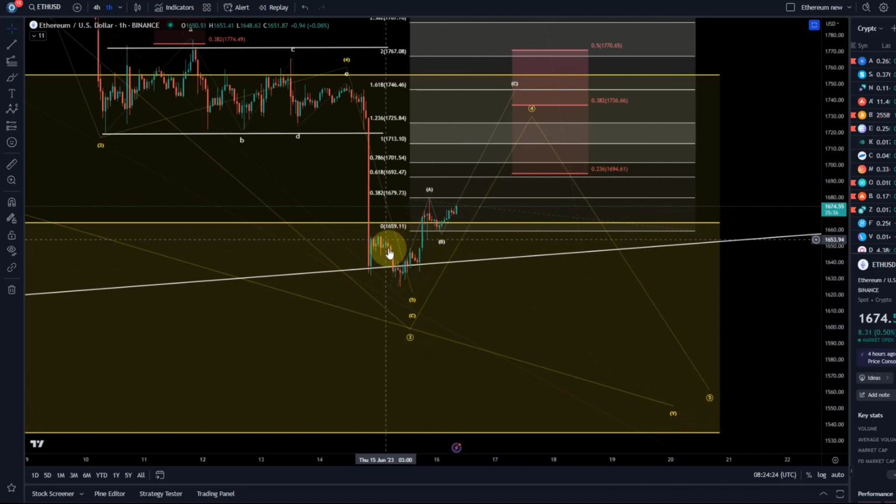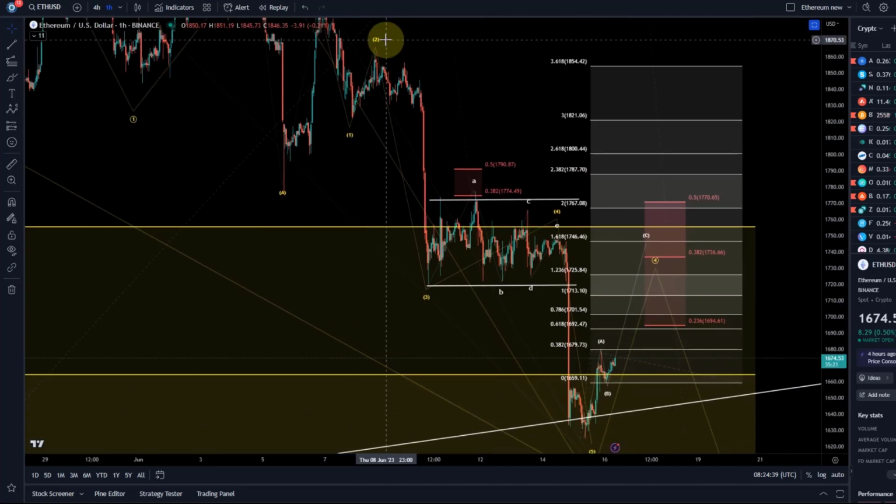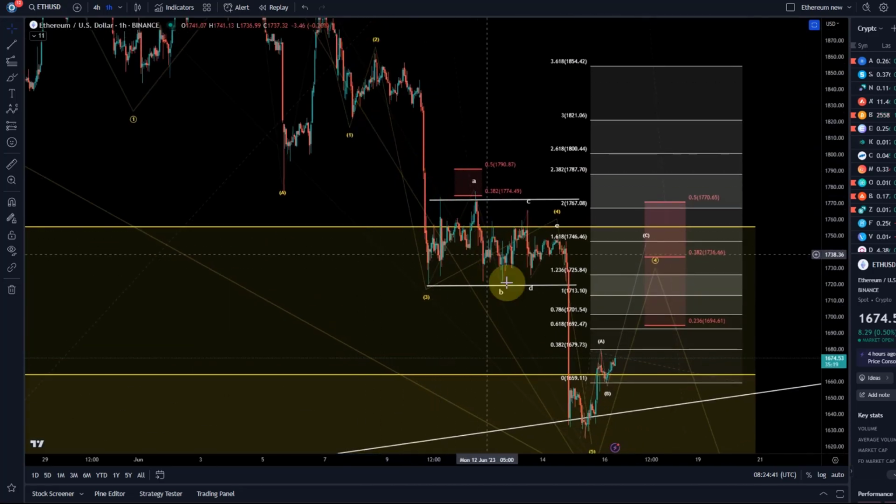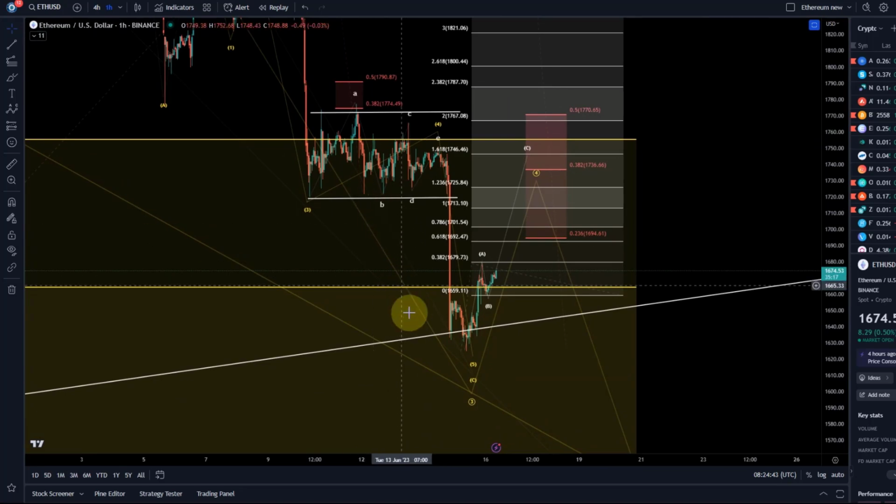Again, this is currently classed as a corrective move to the upside. It's not an impulse. It's not anything that at the moment, from what I can see, would be in line with a higher level trend. So at the moment, it seems to be just correcting the move that occurred to the downside and has been occurring for the last few days. So this is just classed as corrective, which means it doesn't need to push that high.